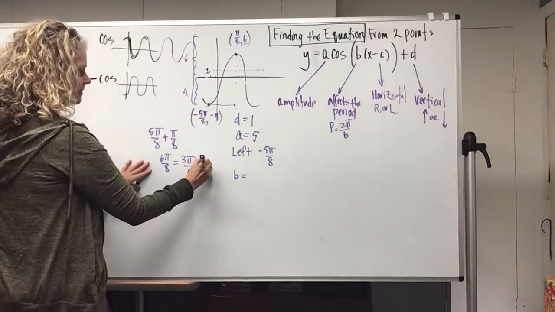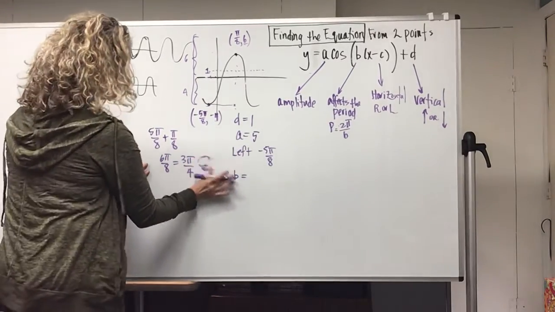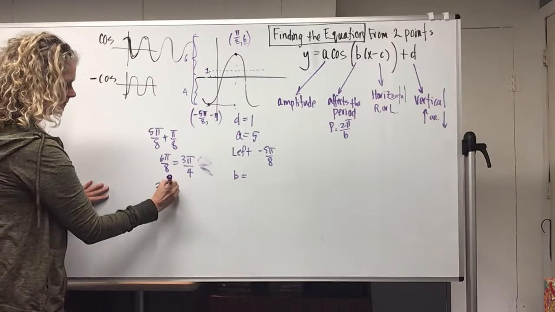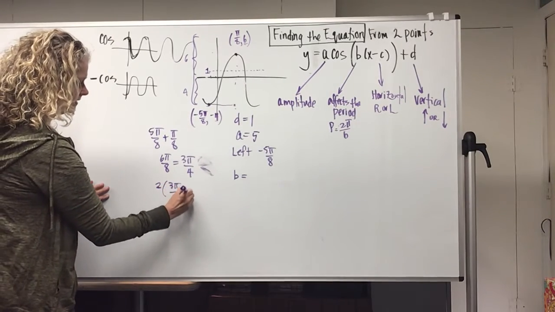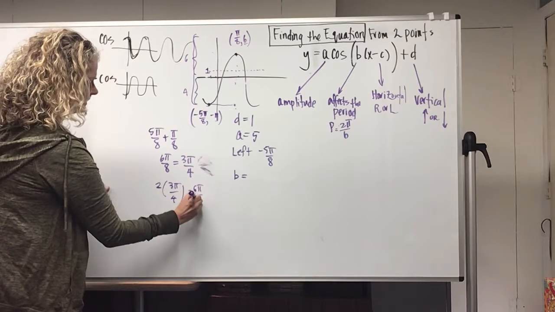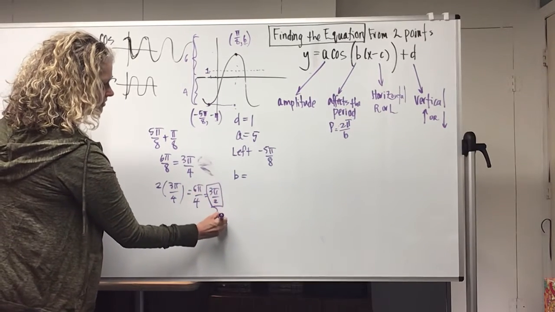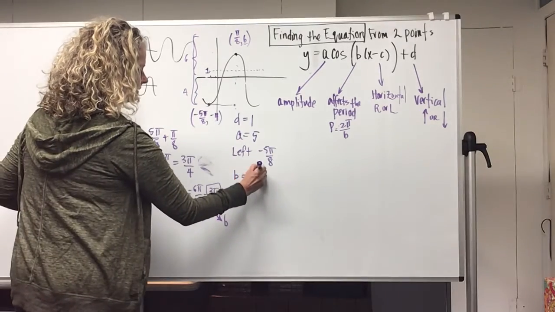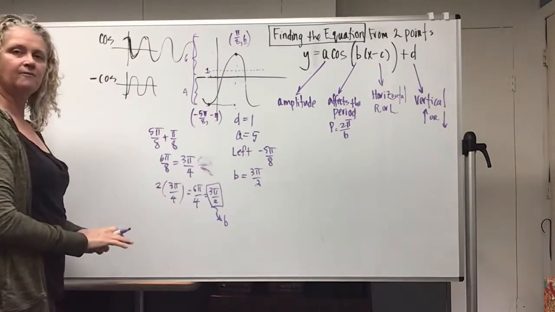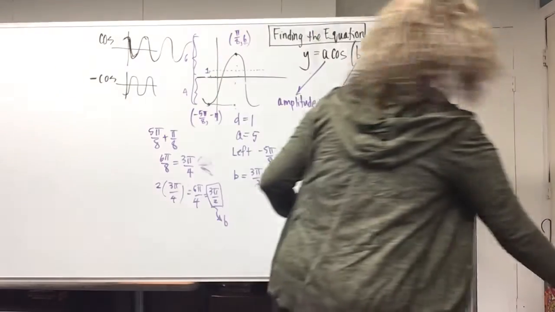Now this is half of a period. So we're going to multiply it by 2 to find the full period, and we're going to get 6 pi over 4, also known as 3 pi over 2, and that's our b. And now we're going to plug it into the final equation.